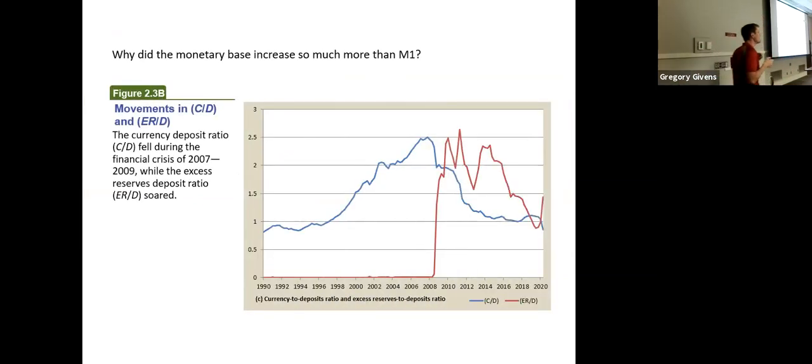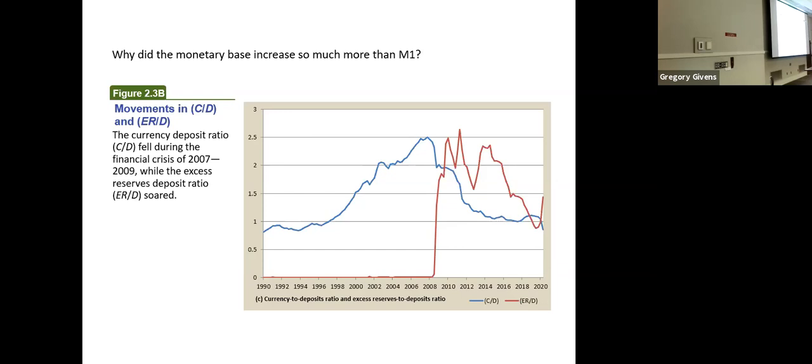What are the two main ingredients in the money multiplier? The currency to deposit ratio and the excess reserve to deposit ratio. Let's look at the currency ratio first. That is the blue line. In the 90s and 2000s, the currency to deposit ratio was on the rise. People were electing to hold more currency relative to their checkable deposits.